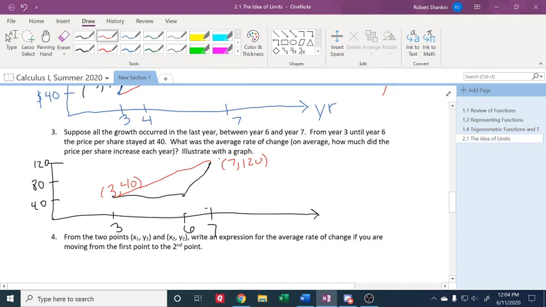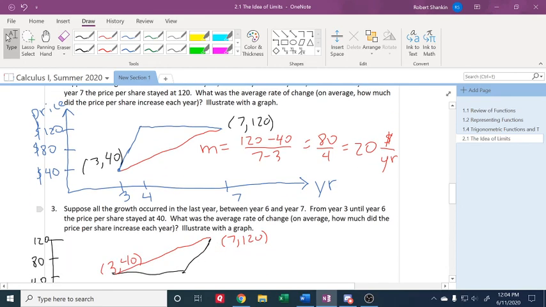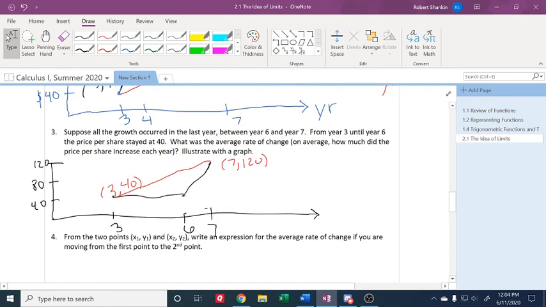Okay? But if we're again emphasizing this, you see, the one thing that's constant in both problems is in year 3, it was $40 a share. In year 7, it was $120 per share. But in one situation, almost all the increase happened at the beginning. In the other situation, almost all the increase happened at the end.